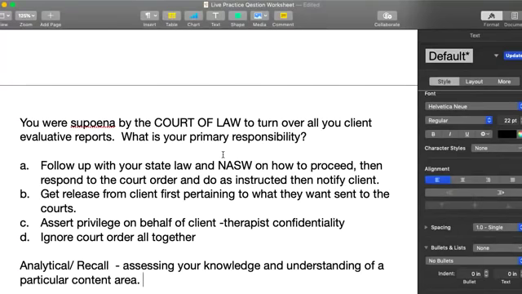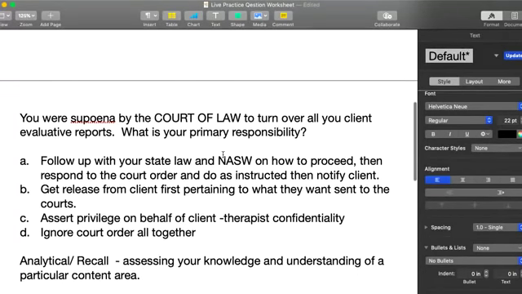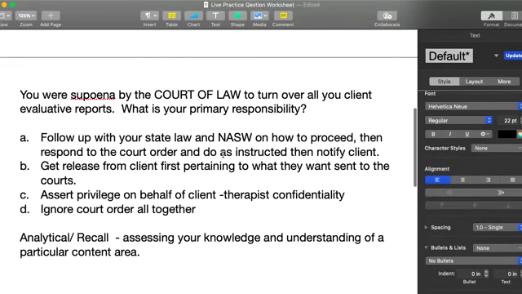At some point in your career, there's a strong possibility that you may run across a situation where you may be subpoenaed or receive a court order, especially if you're working with children in foster care, adoptions, in hospitals, if you're in private practice or counseling and you see couples, you're doing divorce cases or anything like that.